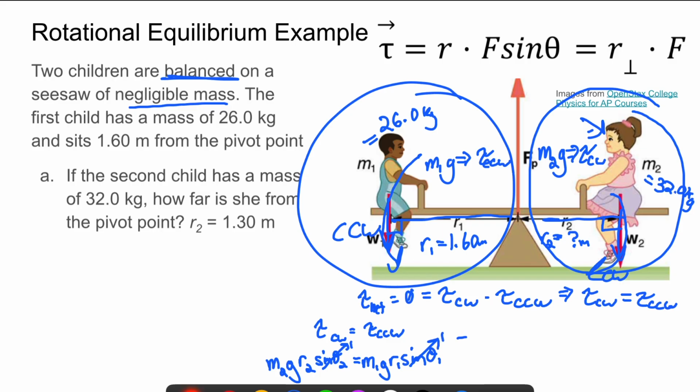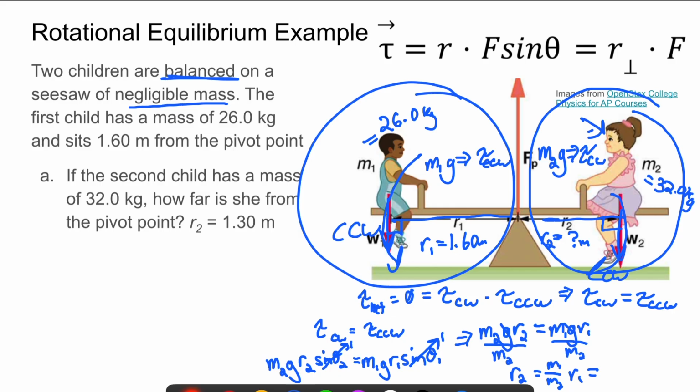right? And so that means that we end up with an equation that looks like this: m2g times r2, which is our unknown, right, equals m1 times g times r1. And our g's cancel out, and if we get rid of m2 over on the left, then we end up solving for what we want to solve for, which is r2, and that'll equal m1 over m2 times r1.